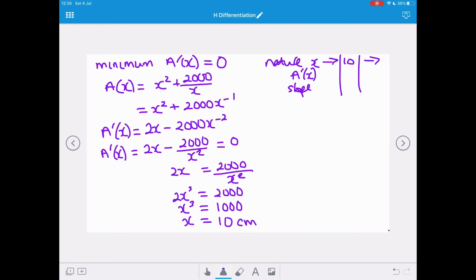So at x equals 10, the gradient was 0 because it's a stationary point. Considering 9, the derivative evaluated is going to give us a negative value, so therefore a downward slope. And considering 11, beyond 10, we're going to get a positive value, which is going to give us a positive gradient. And so you can see we've explicitly shown that at x equals 10 centimetres, we have a minimum value.